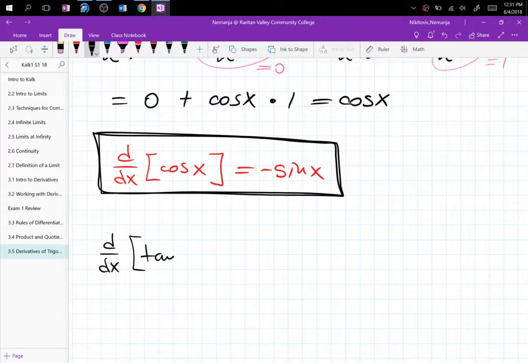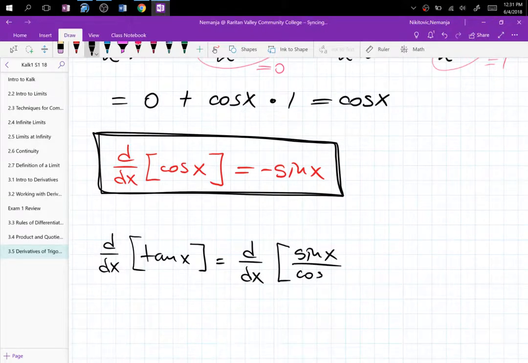How would you find the derivative of tangent x? Sine over cosine, and use what? What do we use? We just learned it.